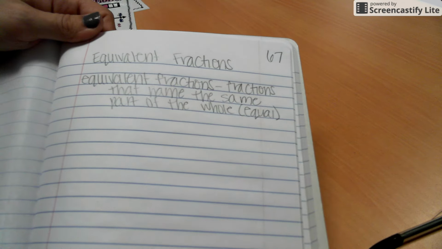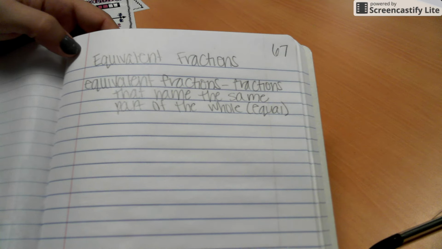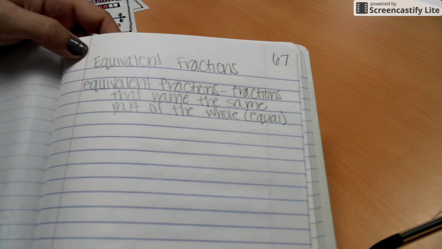All right, so equivalent fractions are fractions that name the same part of the whole, and they're going to be equal.